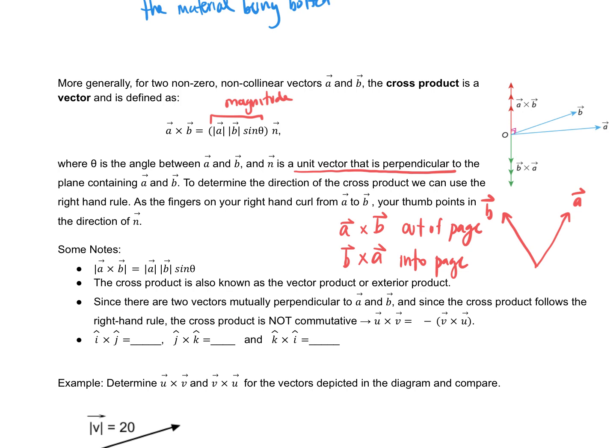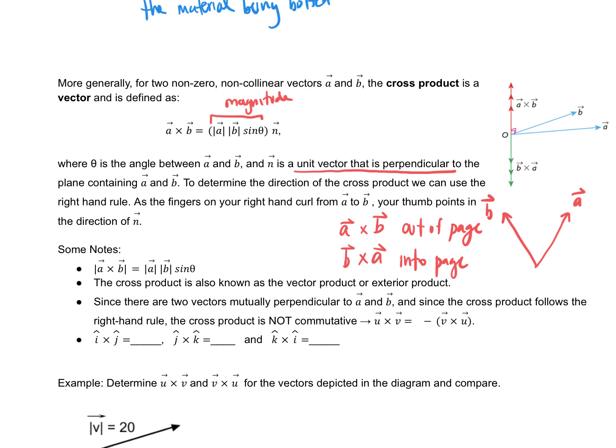And since there are two vectors that are mutually perpendicular to A and B, and since the cross product follows the right-hand rule, the cross product is not commutative, meaning if I do u cross v, it is not the same as v cross u. In fact, it's in the exact opposite direction. That's why the cross product of u cross v is the cross product of v cross u with a negative out in front, because they are opposites.